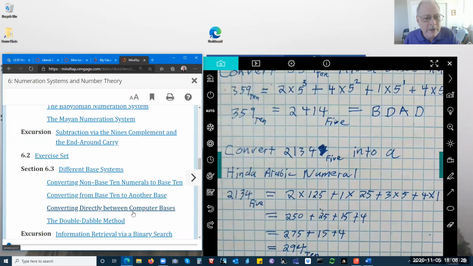This converting directly between computer bases, it's kind of cool, but I think unless you're going to do computer science, you don't really need to go there. But you can go straight from 8 to 16. You don't have to go through 10 in between.